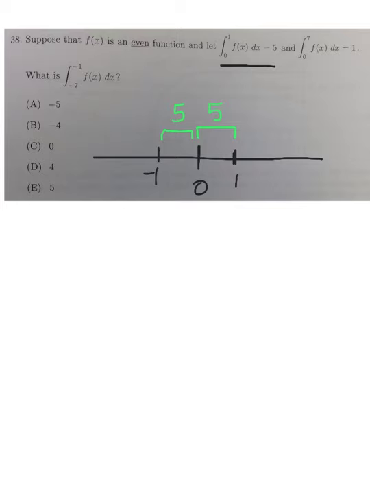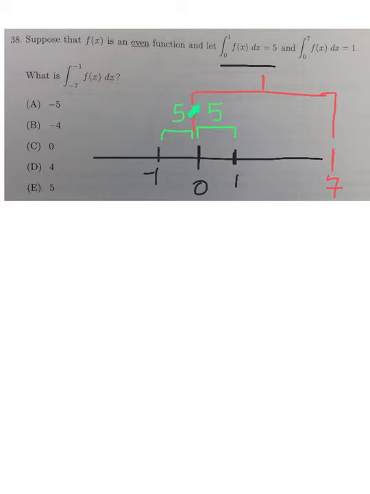Then I'm going to look at the second bit of information that they give you. They tell you the integral from 0 to 7 is 1. So that means the area under the curve from 0 all the way out to 7 is 1. Now, you might ask, how is that possible?